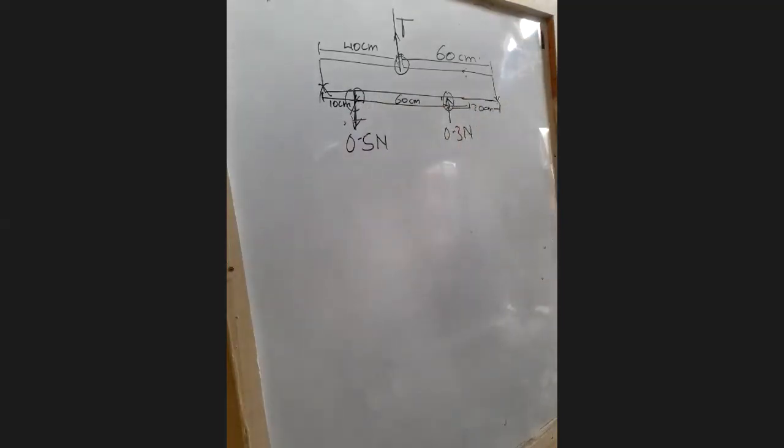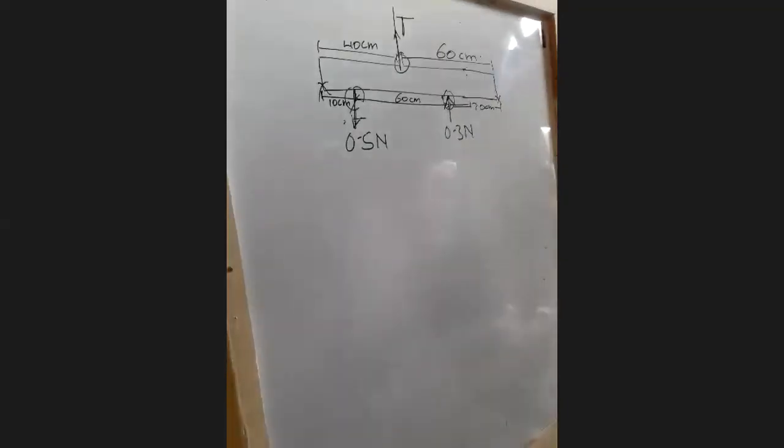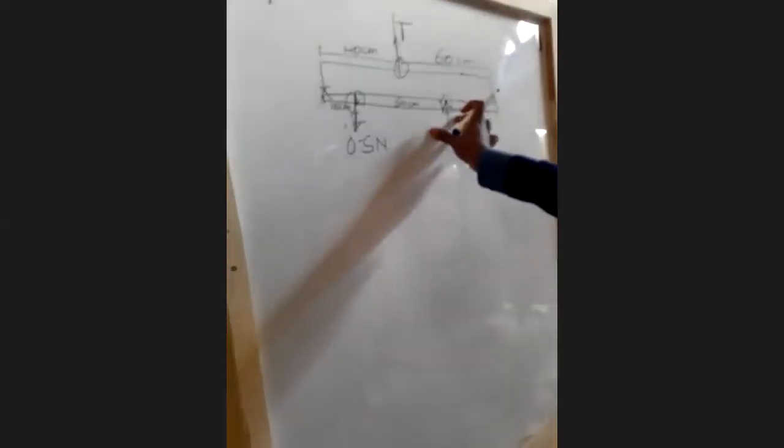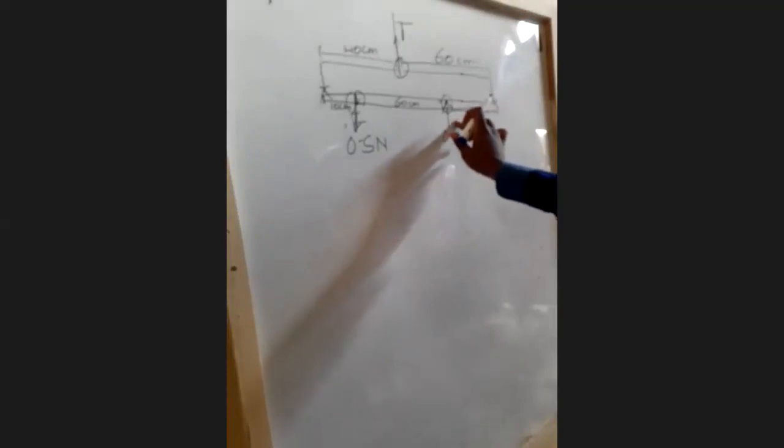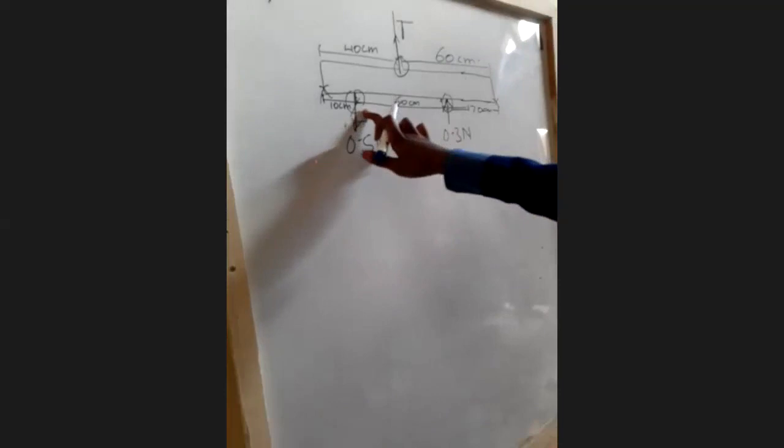So that I get unbalanced forces, because these two forces are going to act in the same direction, so it will not balance. So if I take my moment at 0.3 Newton, I'll remain with the two forces acting in an opposite direction. So for that case, taking your moments about this point, where the force of 0.3 Newton is acting, you are going to have this force here.